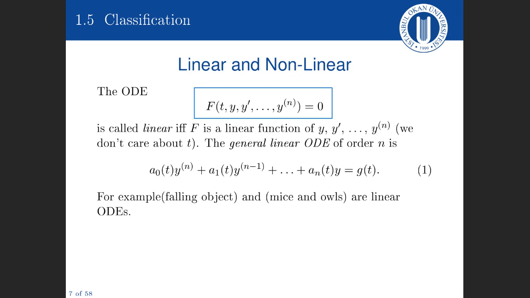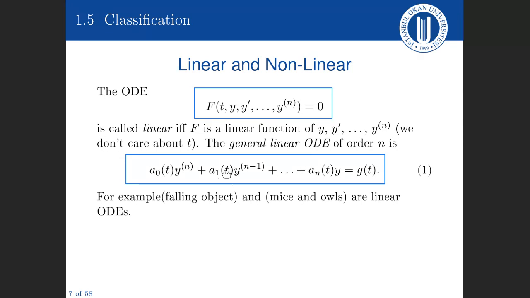So typically, a linear equation looks like equation 1. That's some function of t, and then just one y term. We don't have y squared, we don't have cos y or e to the power y or anything else. It's just a derivative of y. And then plus, and then we come to the second part of the equation.